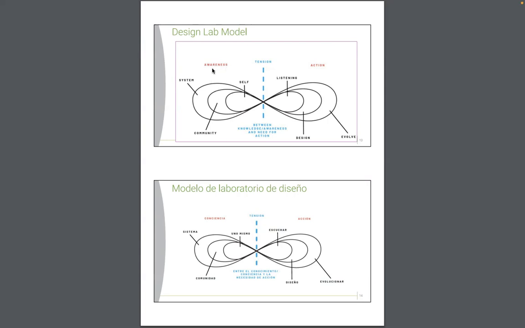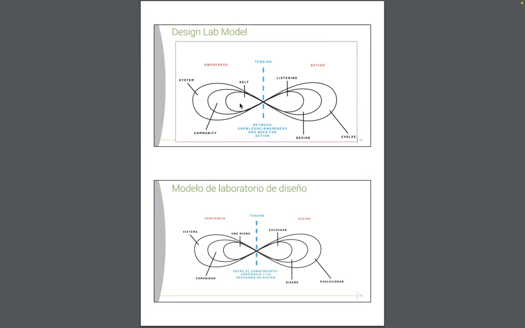You'll notice here that there's an awareness side and an action side to this triple loop. When we engaged in that breathing exercise at the beginning of this recording, what we were really tapping into was this awareness side. So I'm going to start there.